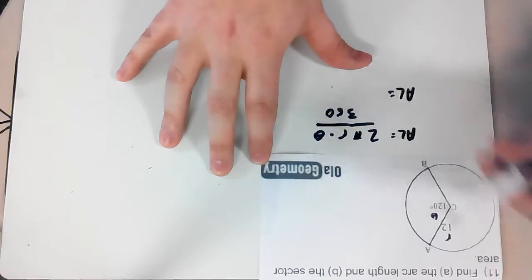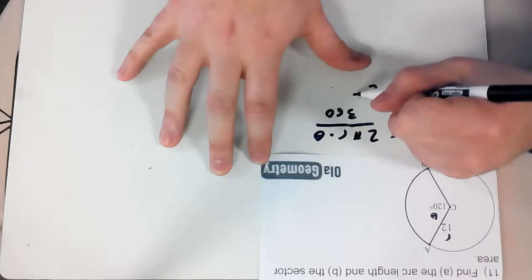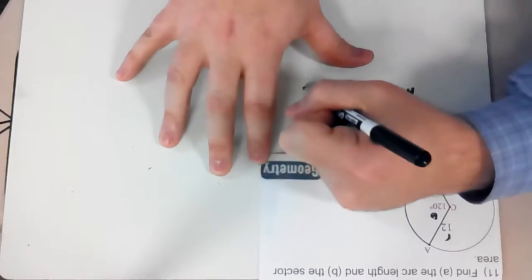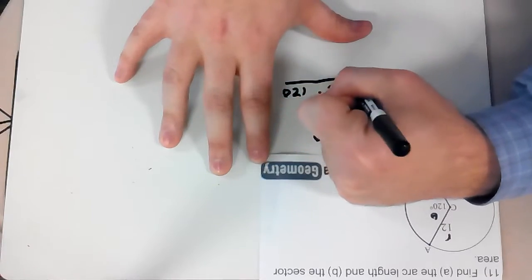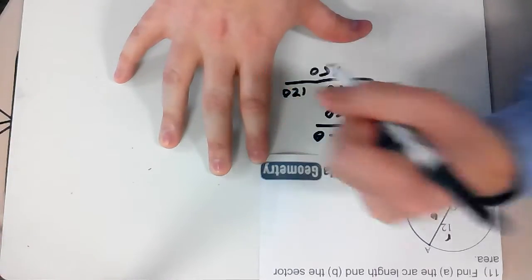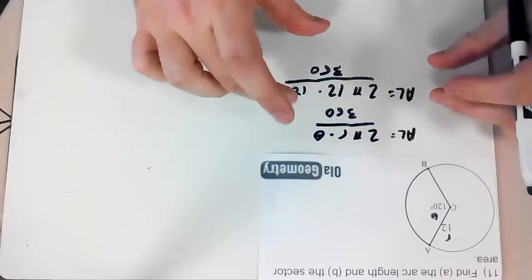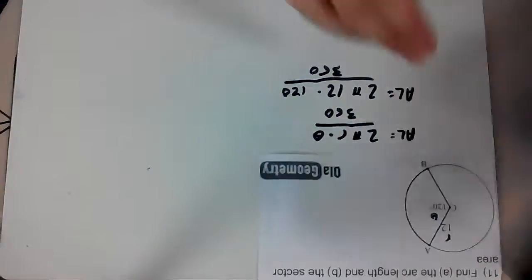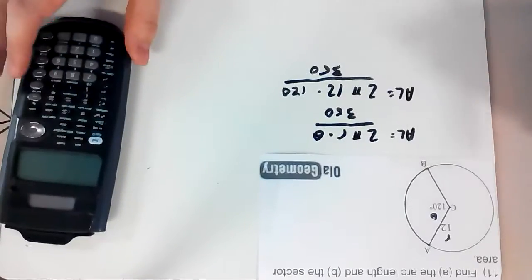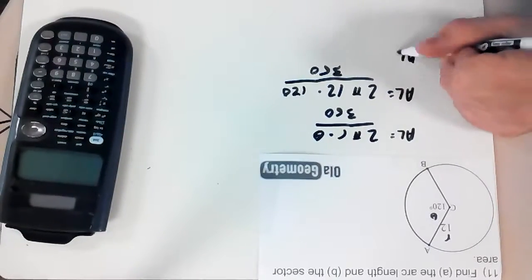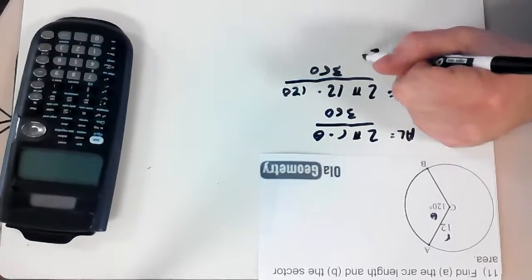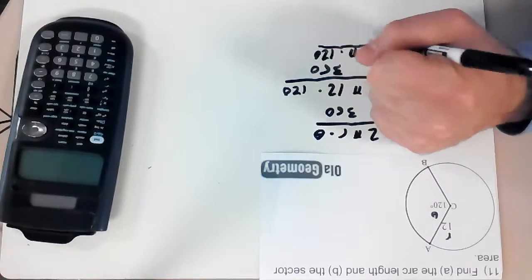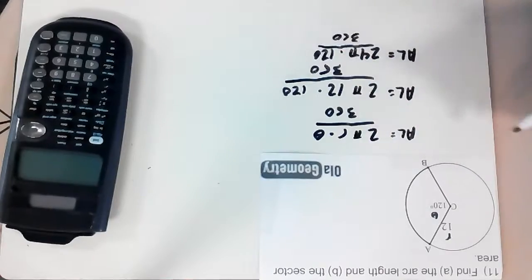So I have 2 pi 12 times 120 over 360. I'm going to do this in bits and pieces, but you can actually plug this into your calculator all at one time. So now I'm going to have AL equals 24 pi times 120 over 360.